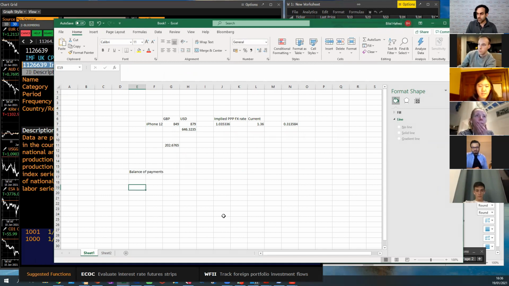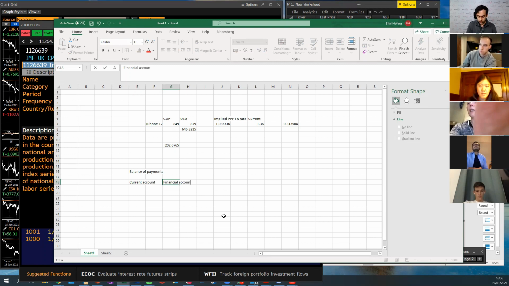So this is the balance of payments. You have the current account, and then you have the financial account, or you can call it the capital account. All of these things have to balance out in the end.